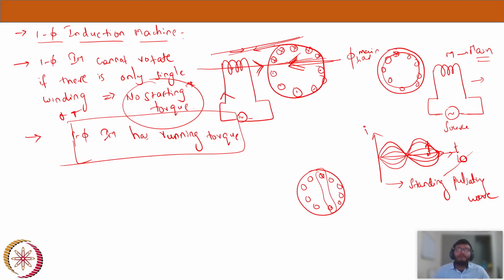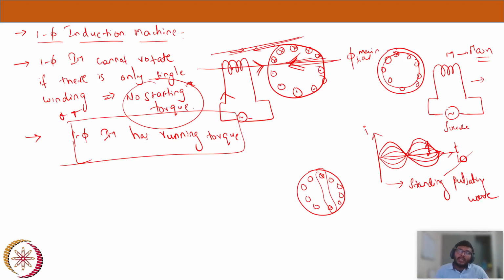Now, how are we going to achieve this starting torque in the machine? We are going to do that by bringing another extra coil onto the stator. We will see what that coil is and what it will do.